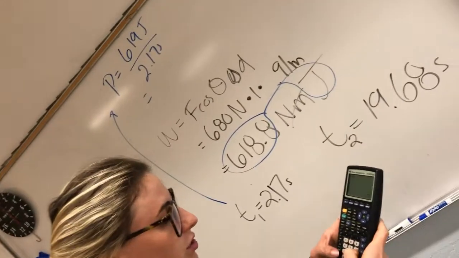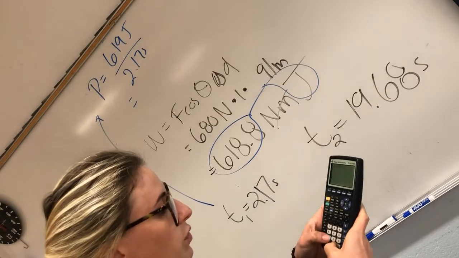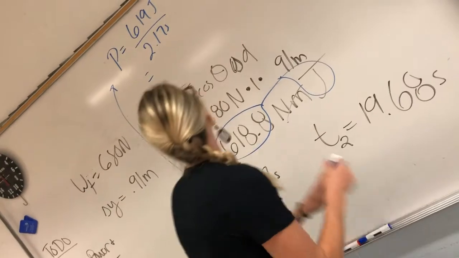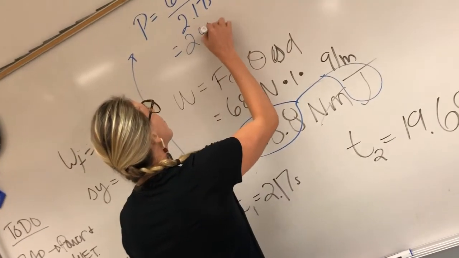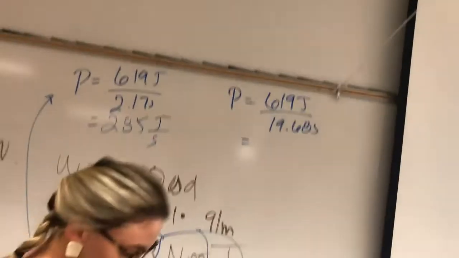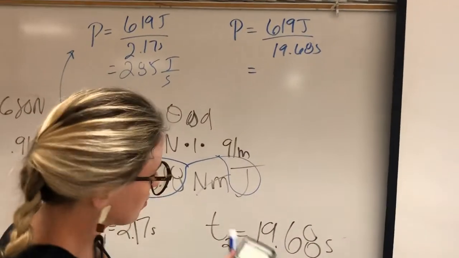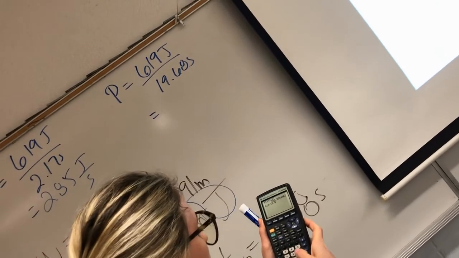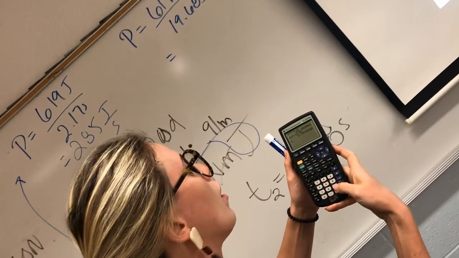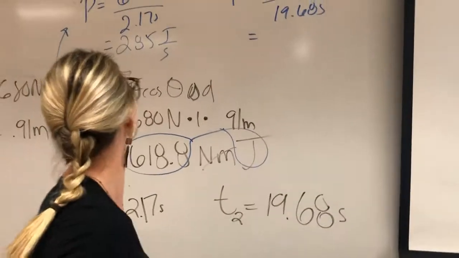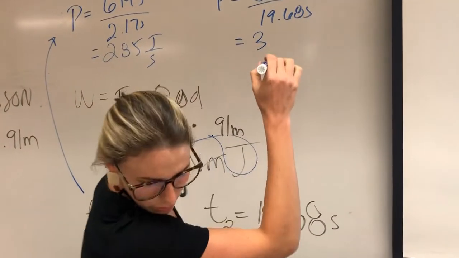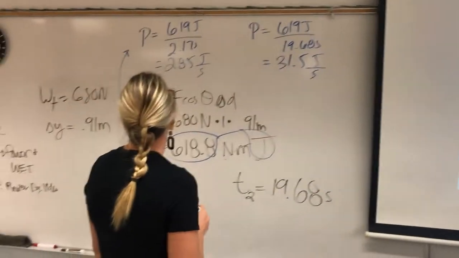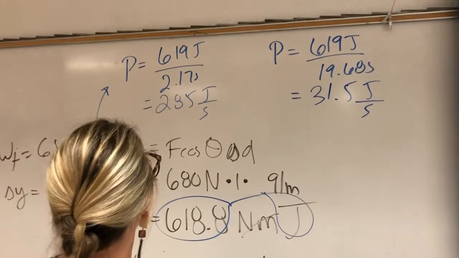We've got 619 divided by 2.17, and I get 285 joules over seconds. And for the other one, 619 divided by 19.68, and I get 31.5 joules per second.